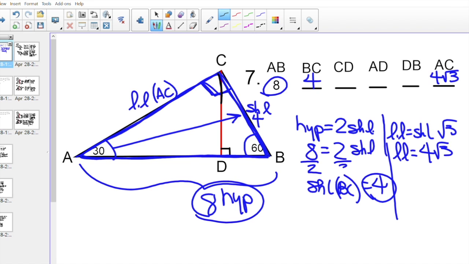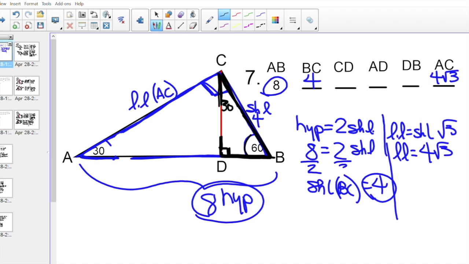That means just look at this small triangle on the right-hand side. Can you see me tracing over the small triangle on the right side? Now, just in the smaller one, this angle is 60, and this is 90, so this angle is 30.